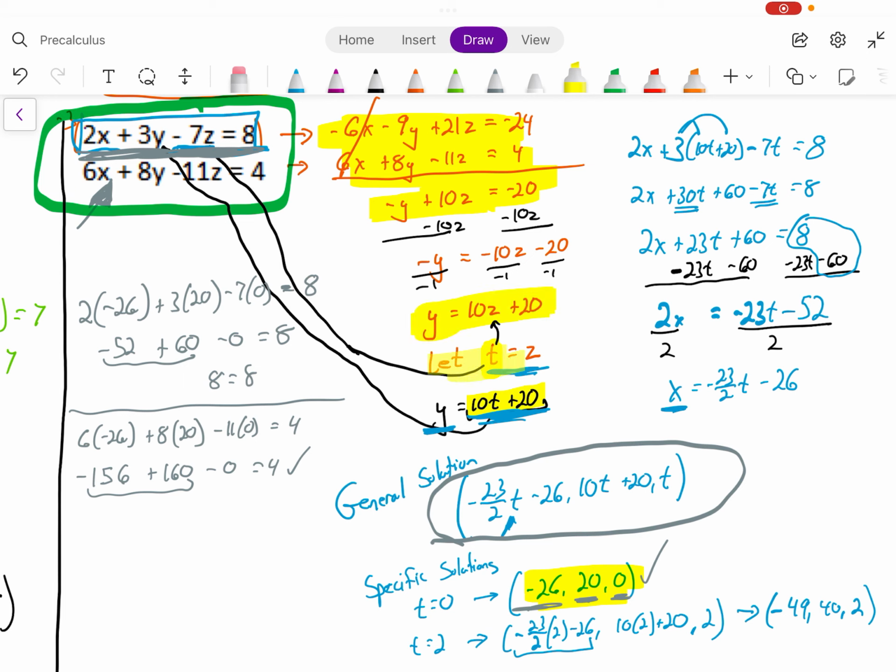And then we let t equal the one that we didn't solve for. So we solved for y, and then we plug t in for z, and then we use that to find y and x. And that is how you can find the general solution and specific solutions of 2 equations with 3 variables.